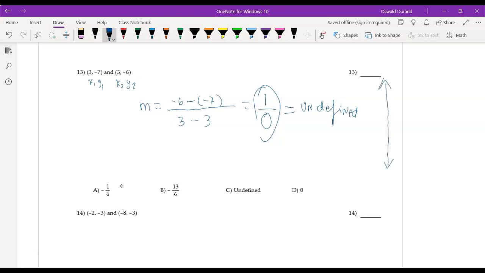And a vertical line is going to cross what? 3, right? Because those are the numbers being repeated. It doesn't matter what point it's going to be. It's going to be crossing 3, -1, 3, 0, 3, 5, 3, 1 million. The x coordinate will always be the same for a vertical line.